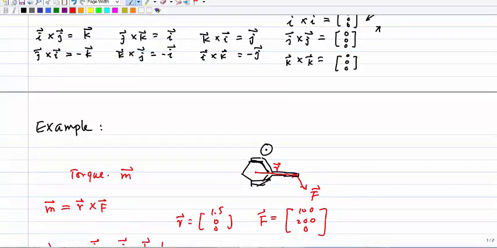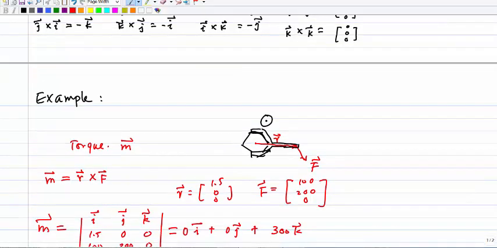One example I give you here is how to compute the torque when, let's say, you use a wrench to move a bolt. You want to compute how much torque you apply to the wrench. Assuming my hand is right over here, I'm trying to apply a force over here to turn the bolt.